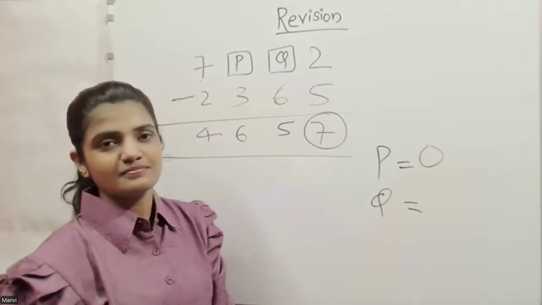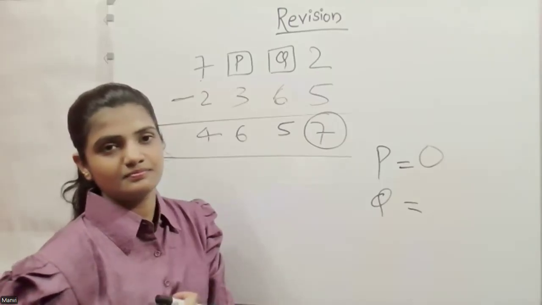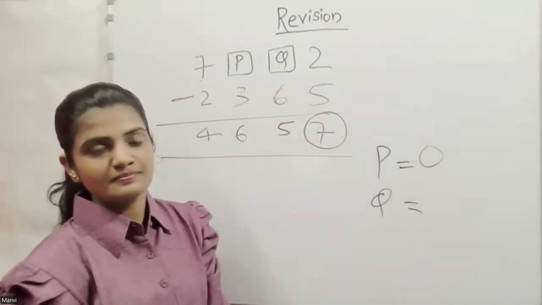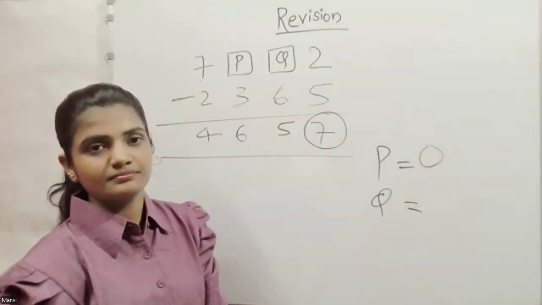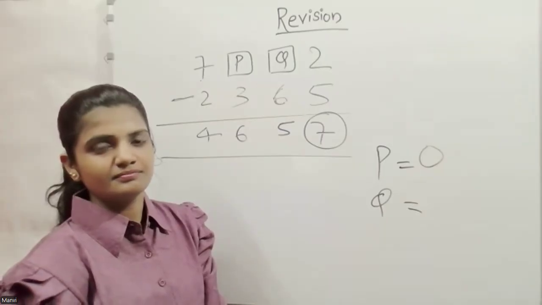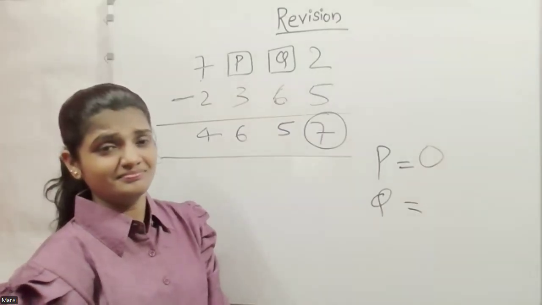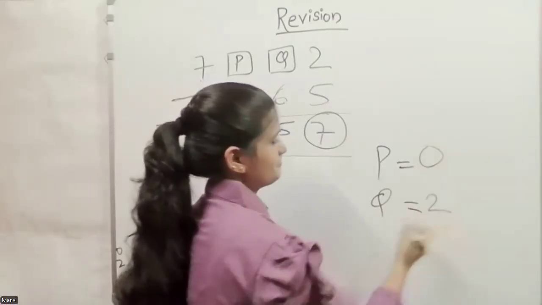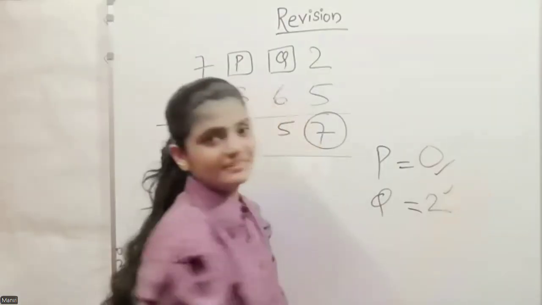And this one, is it 2 for Q? 2. Good. Both are correct.